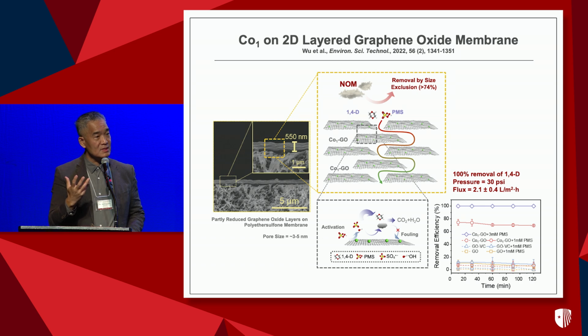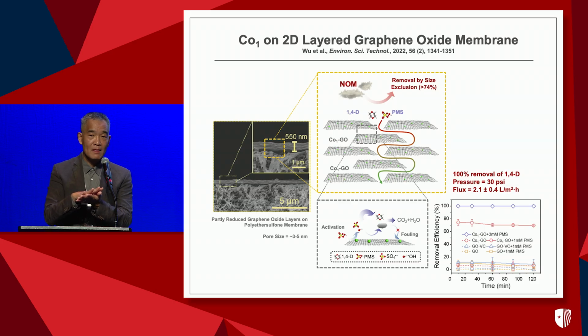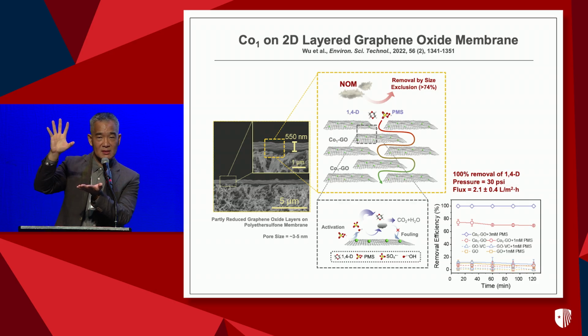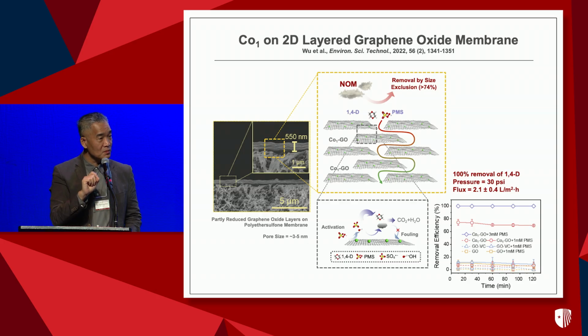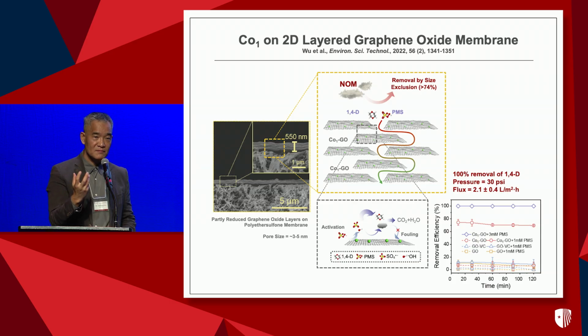What happens is that it is an extremely tight membrane, almost like an NF, nanofiltration membrane. Water passes through. Most of the stuff gets rejected, but pollutants such as 1,4-dioxane, which, by the way, is a prevalent pollutant in this region, are very small, neutral, and hydrophilic, so they pass through most of the tight membranes that we have.